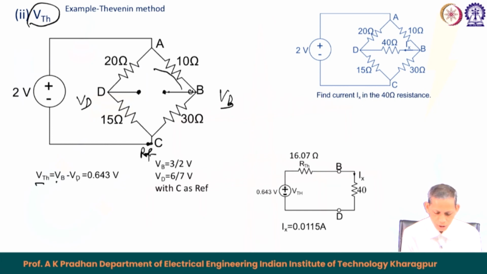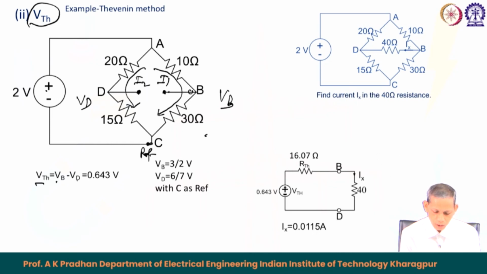Now in this case the corresponding current will flow like this and another current will flow like this. Let us say this is I 1 and this is I 2. So, 2 by 10 plus 30 is 40, so 2 by 40 is I 1 and 2 by 35 is I 2. So, across the 30 ohm, the current is 2 divided by 40.